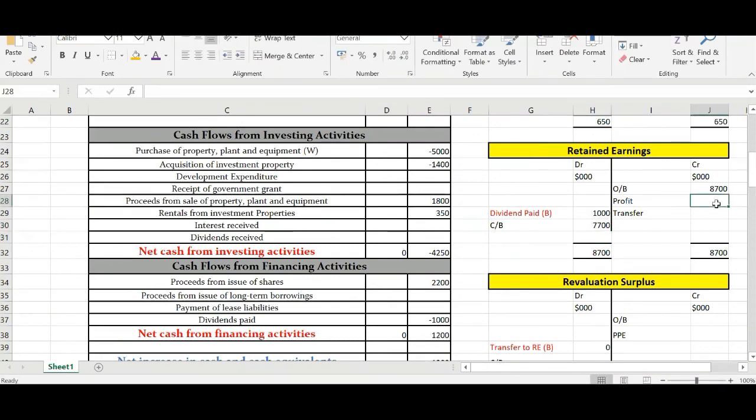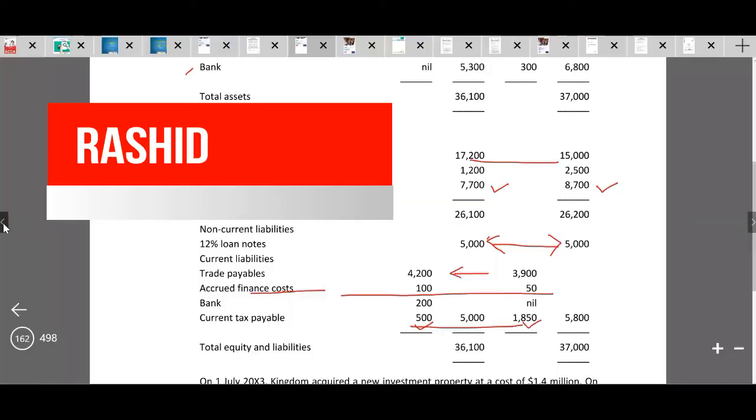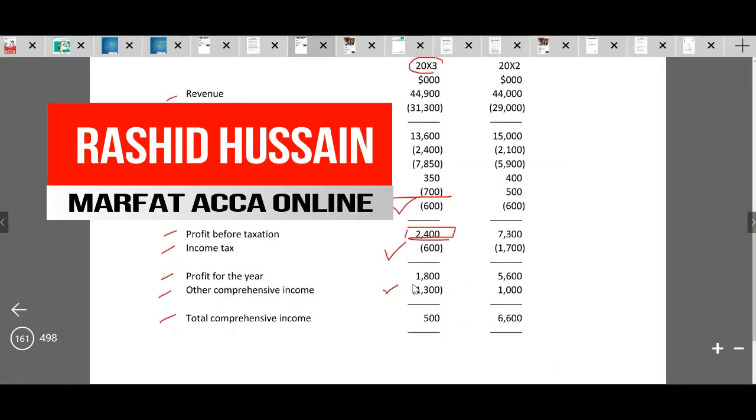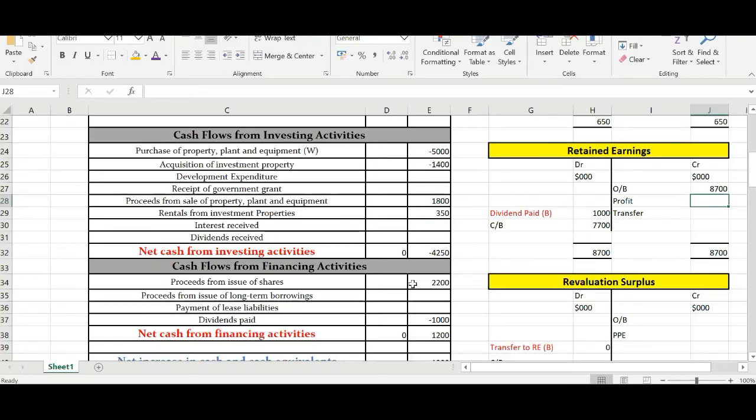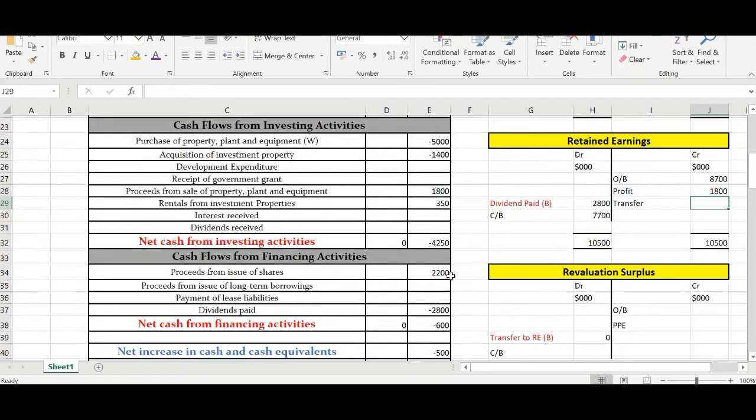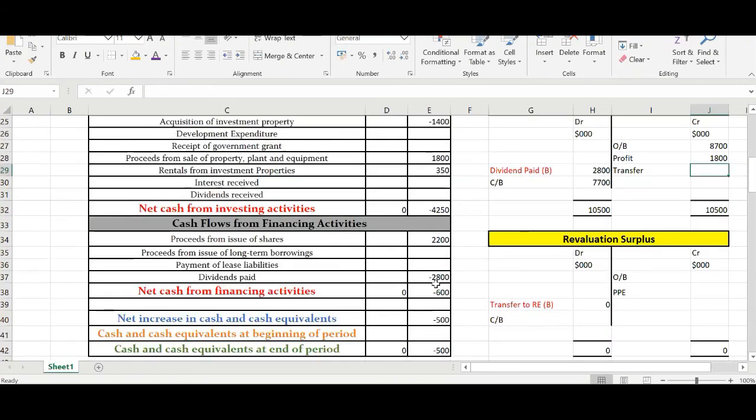All right, what is the profit for the year? So profit for the year is 1,800. That means dividend paid is 2,800, which is directly deducted because I've linked the financial statements.